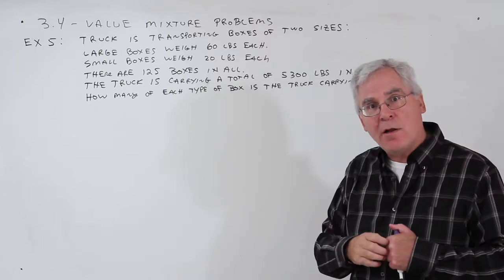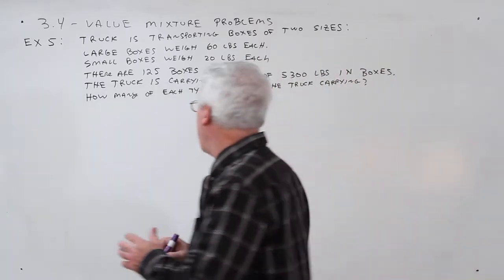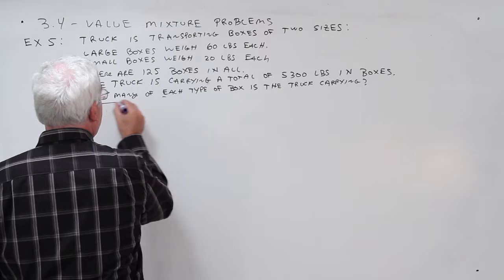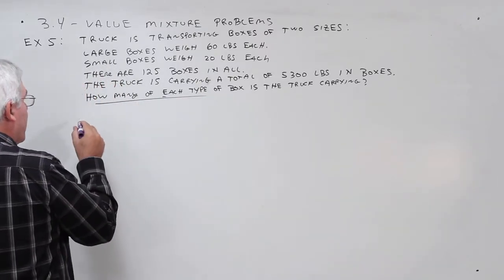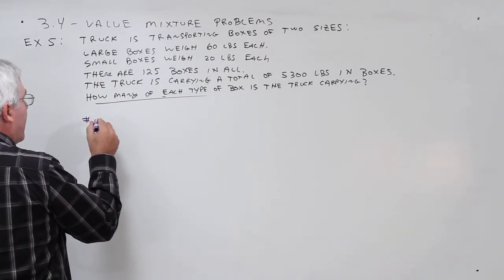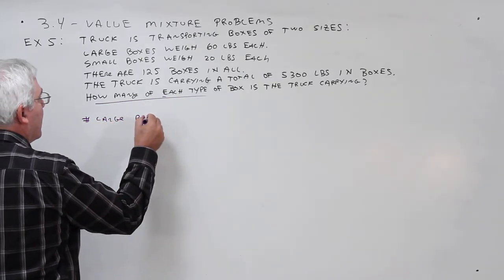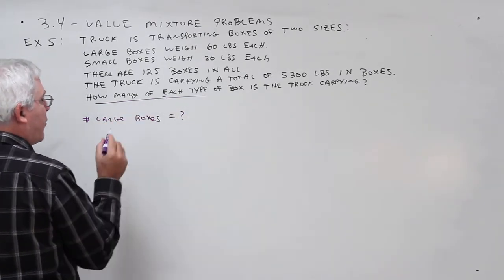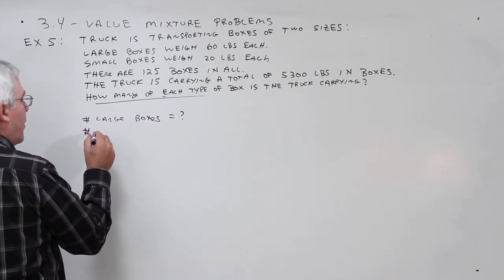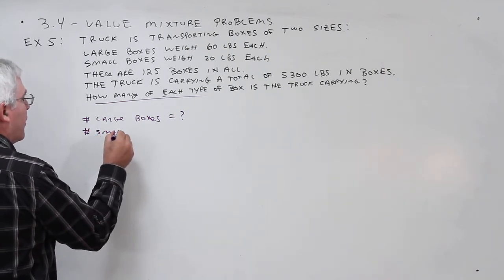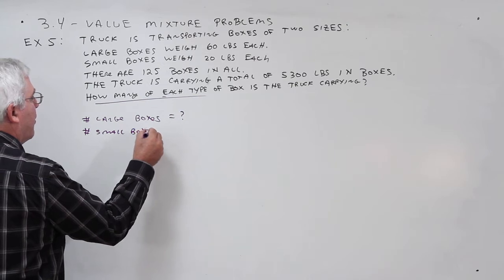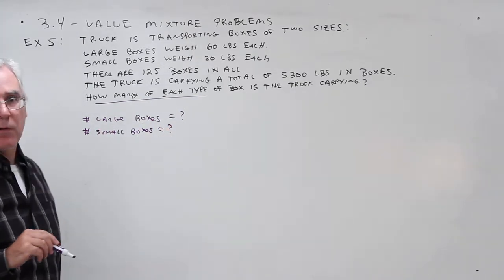So step 1, I like to write down what's going on. How many of each type? Number of large boxes equals question mark, and number of small boxes equals question mark.